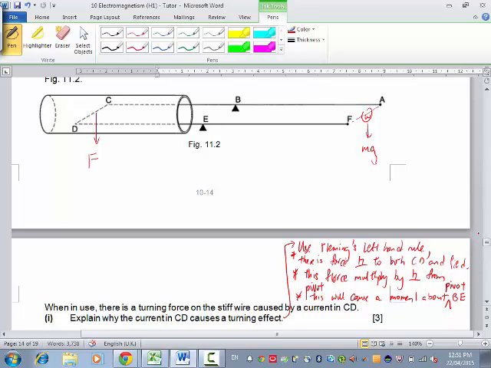This will cause a moment about DE, which is the turning effect. So first you apply Fleming's left hand rule, you must have a force, and then this force multiplied by the perpendicular distance from the pivot will cause a turning effect, or a moment, about the pivot DE.